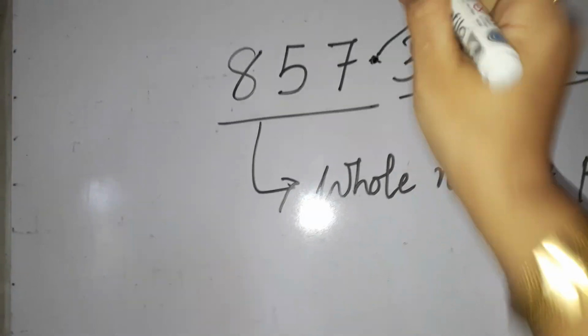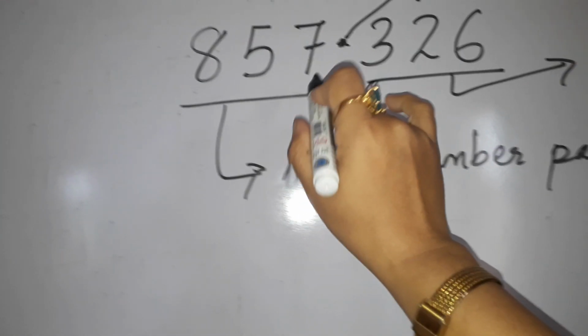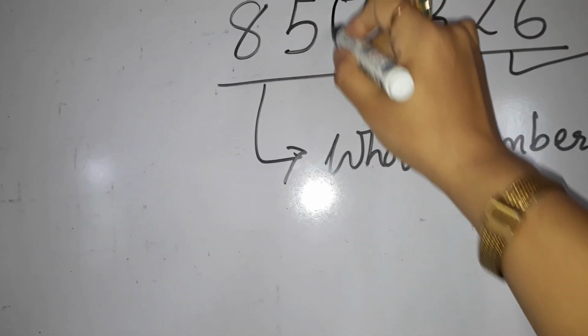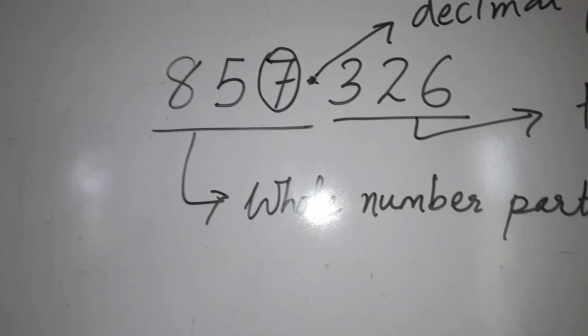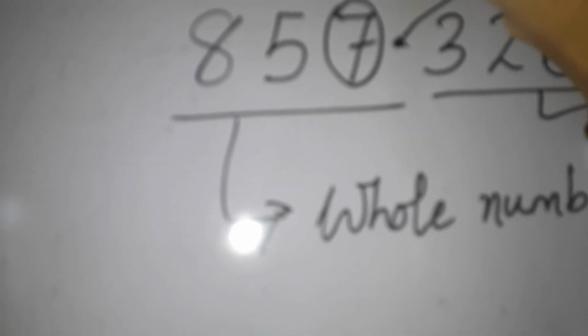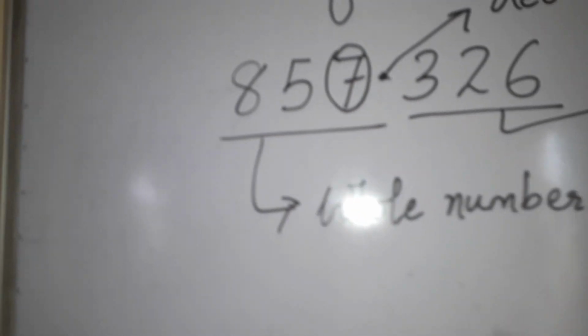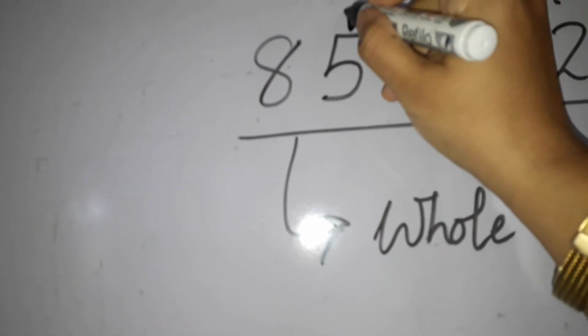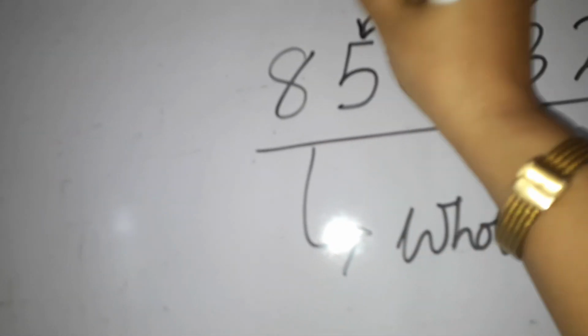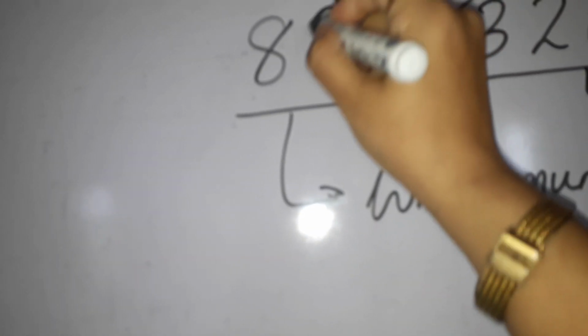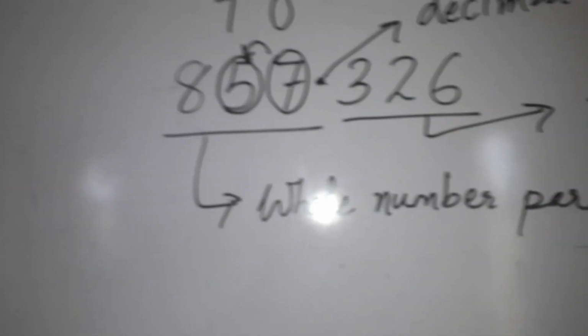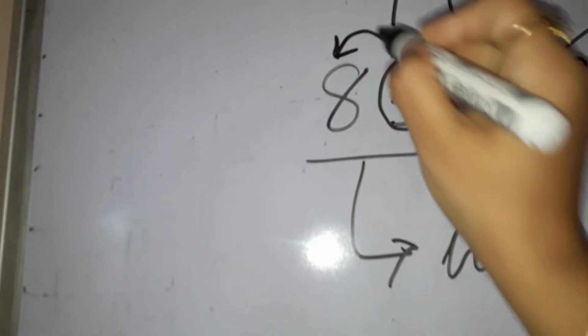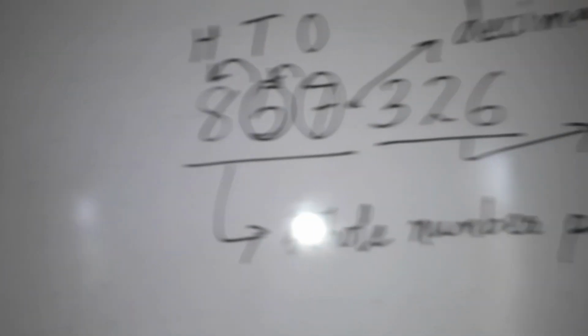Now on the extreme left of the decimal point, this digit 7 is in the ones place, so its short form is O. Then to the left, this digit 5 is in the tens place. Then to its left, this digit 8 is in the hundreds place, and so on and so forth.